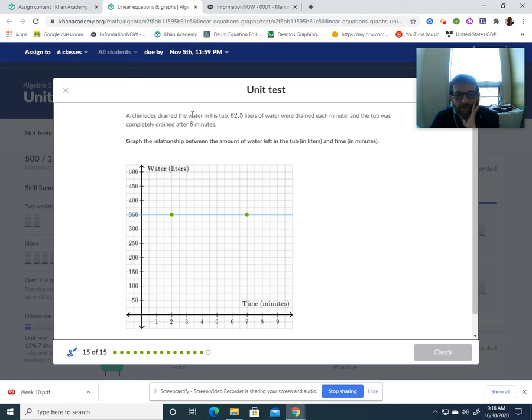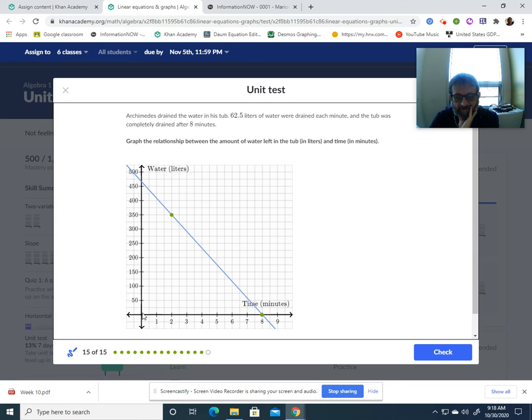All right, Archimedes drained the water in his tub. Well, that's related to a very famous story about Archimedes yelling Eureka. 62.5 liters of water were drained every minute, and the tub was completely drained after 8 minutes. So right there, we know after 8 minutes it was empty. Now, we know it's draining 62.5 liters each minute.